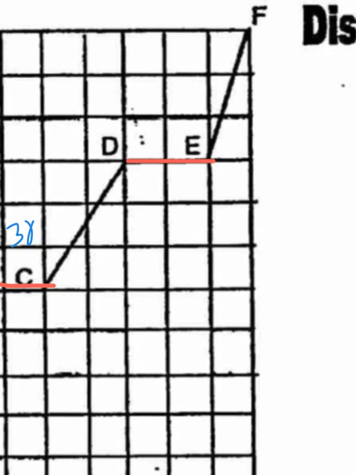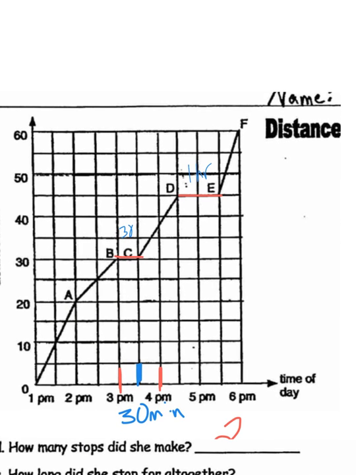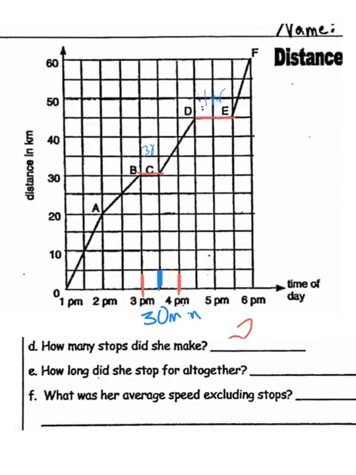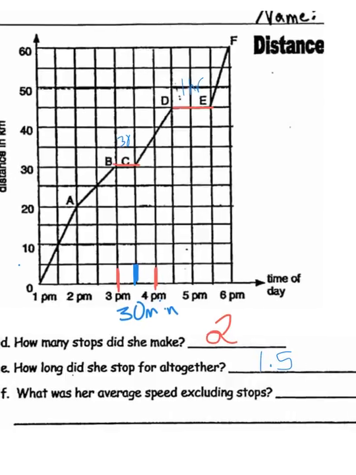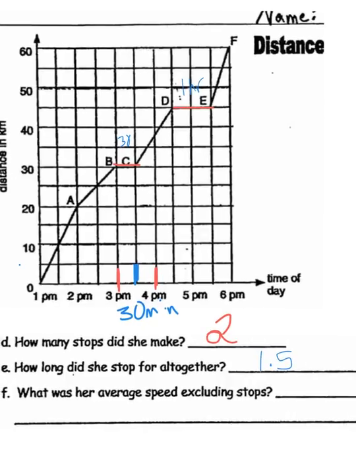And since there are 2 lines at D and E, that's going to be a complete hour. So you have an hour and 30 minutes, which is the same thing as an hour and a half. So the total amount of how long did she stop for? It would be an hour and a half. So the way you solve that is you have to go back and actually look at how long she stayed stationary for and add them together.